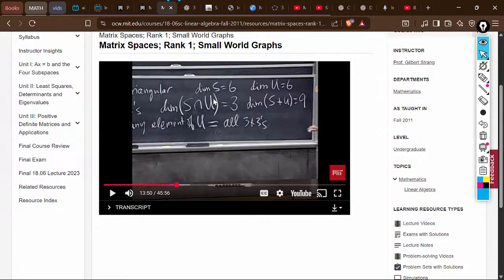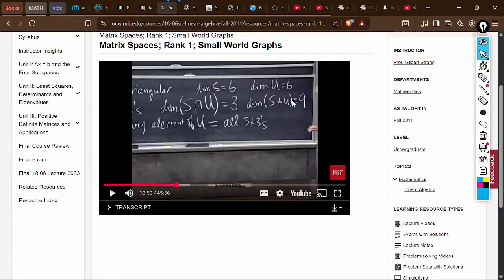This is equal to this. How? Who said so? The dimension of the intersection of these two, right? And the sum. I get it. The intersection and the summation.